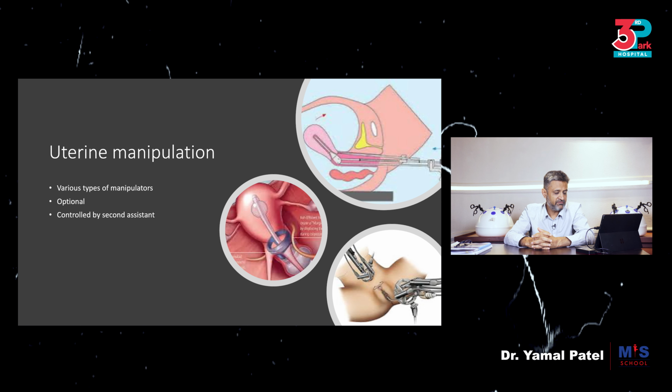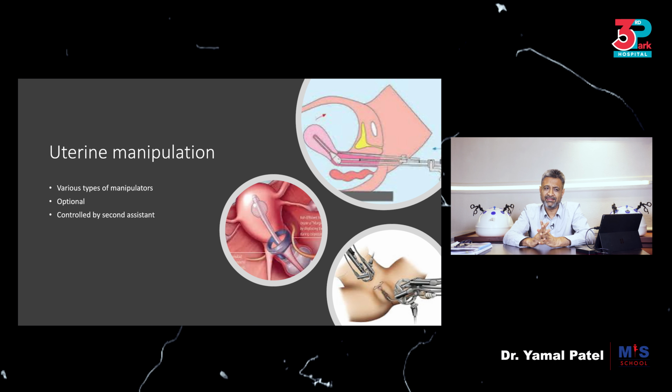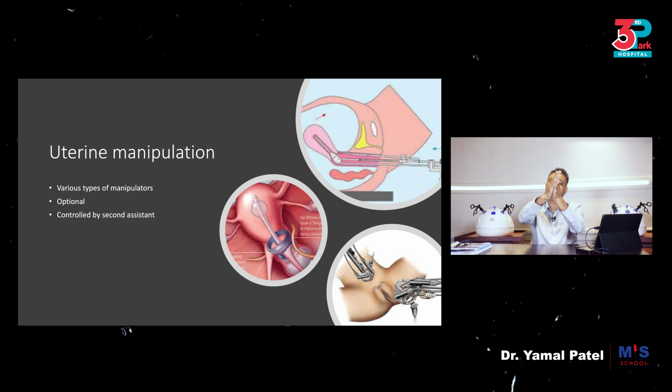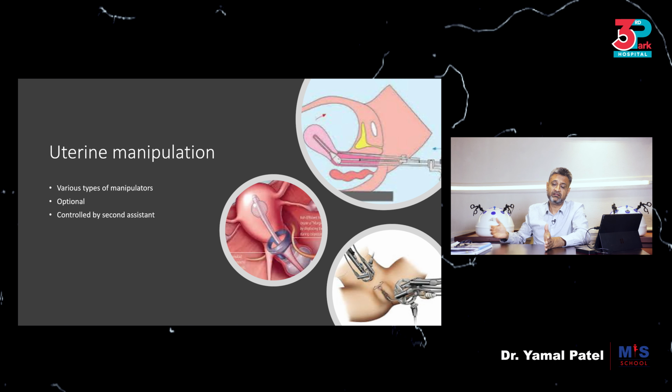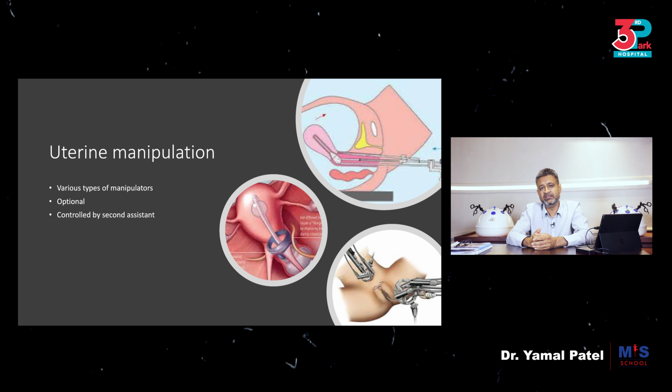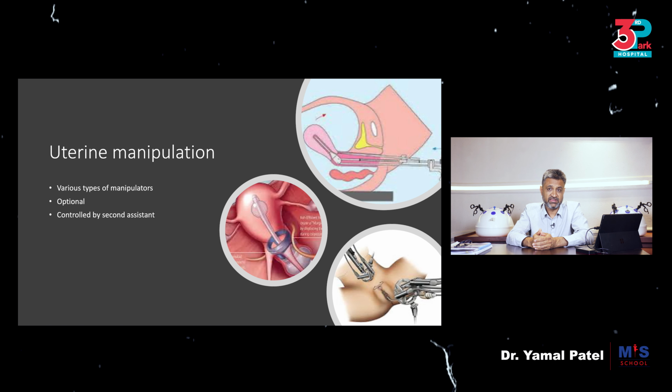We next come to uterine manipulation. Well, there are various types of manipulators, and we're not going into the details, but manipulation helps in a certain number of ways to give us better exposure to the surgeon, and it also helps with pushing the uterus away from the ureter, and hence might be able to reduce the risk of ureteric injury.